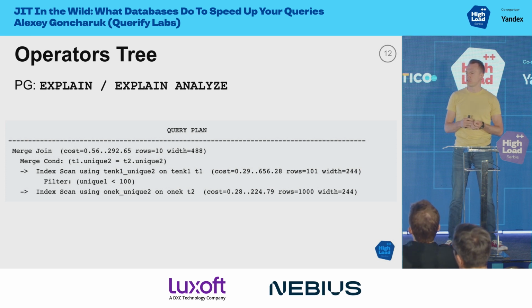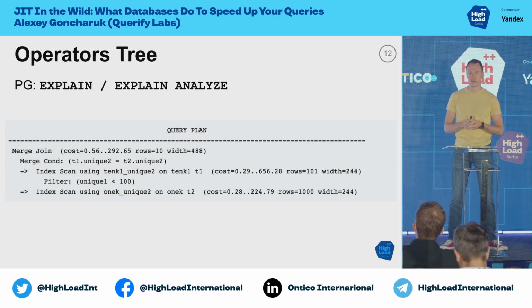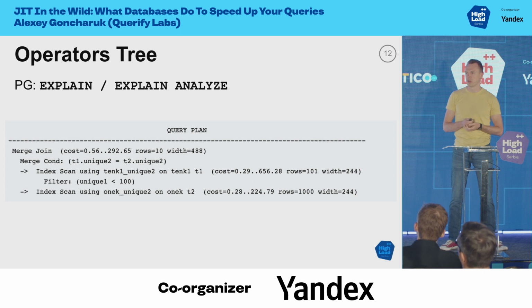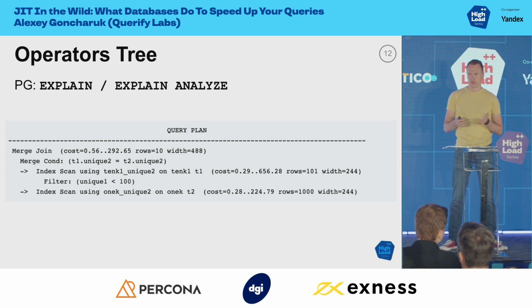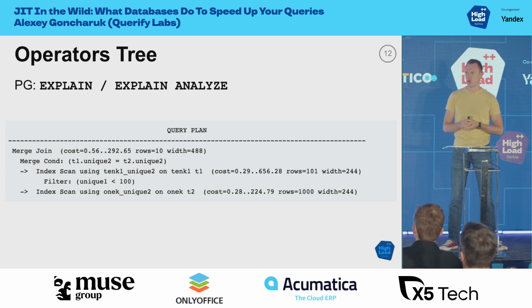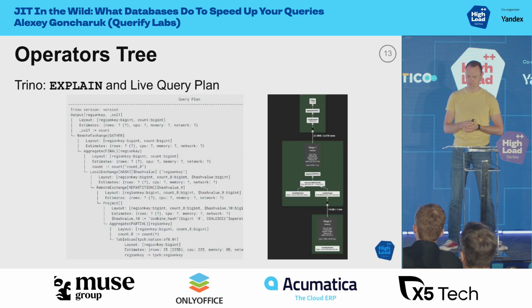If you want to see examples of how this tree of operators looks like, I think almost every production database has an ability to look at the tree, look at the query plan. For example, in PostgreSQL, you can run explain or explain analyze, and it will drop you the relational tree with all the conditions, and explain analyze will also tell you the statistics of the operator's execution.